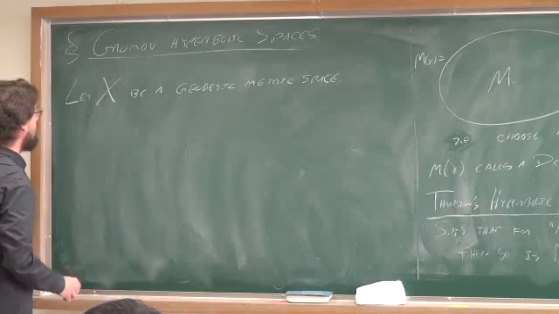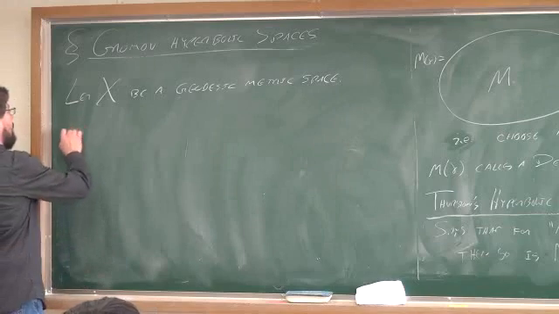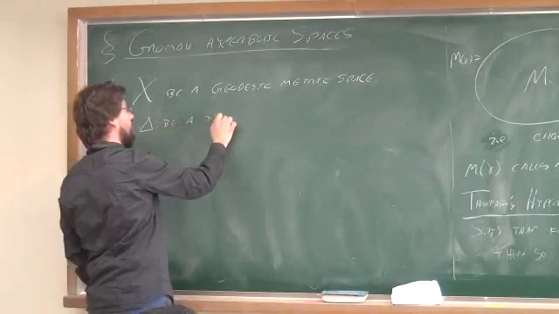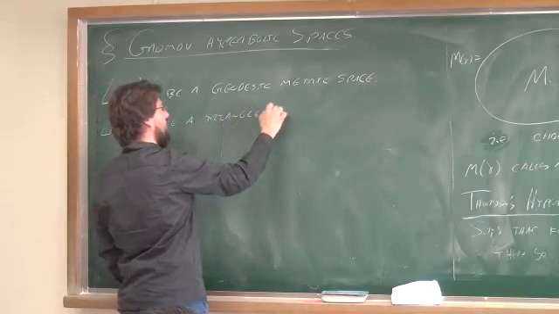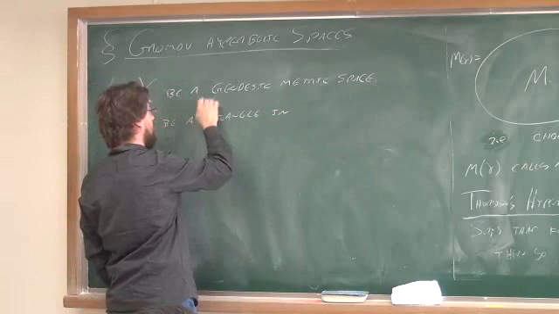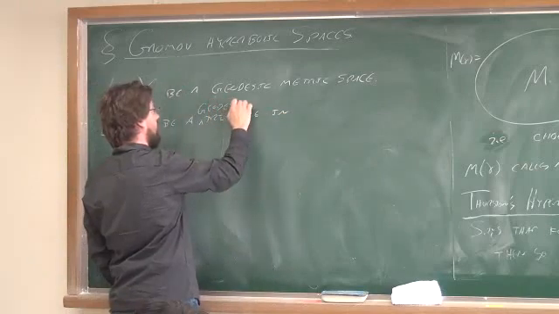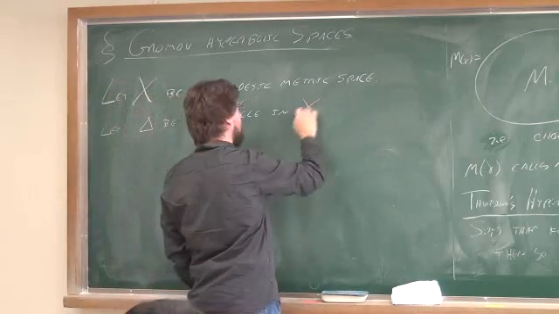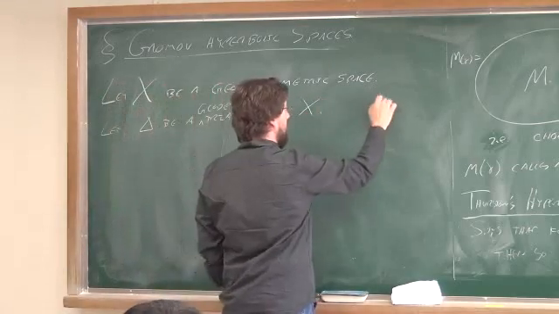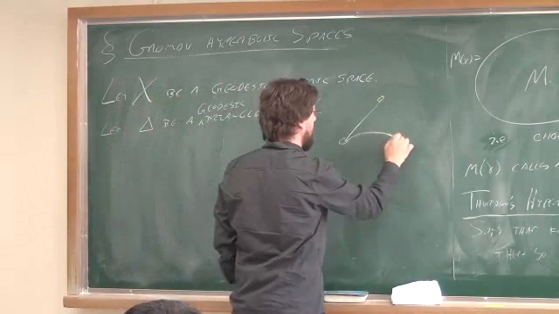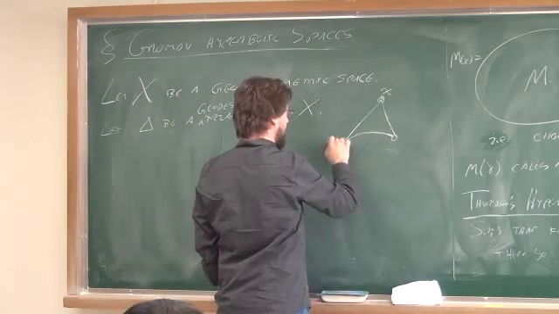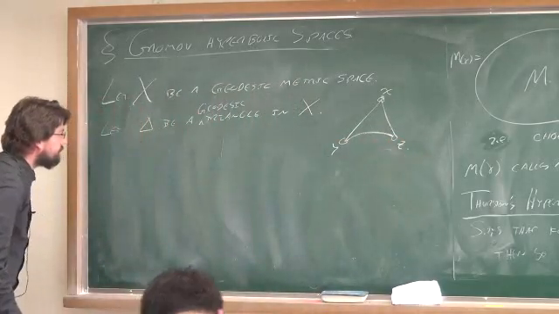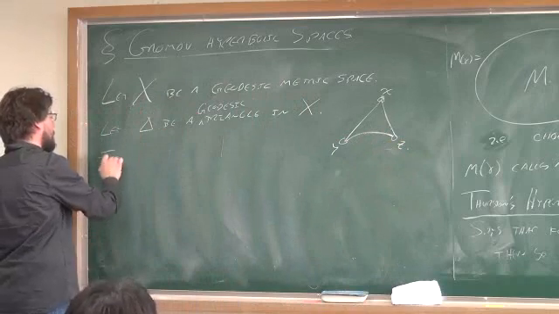So X is a geodesic metric space, and we'll let capital delta be a geodesic triangle in X, meaning it's just a union of three sides. We've got x, y, and z. So this triangle is said to be delta slim.